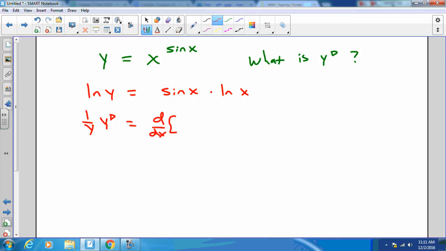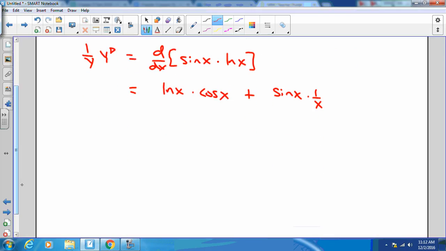You get ln x times cosine x plus sine x times 1 over x, so sine x over x. Perfect. Good job. That's exactly it.